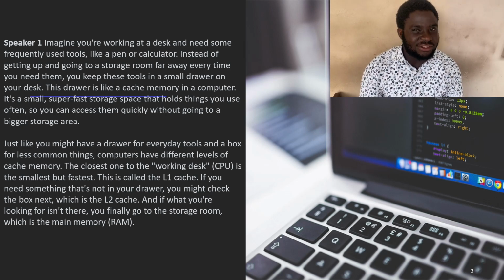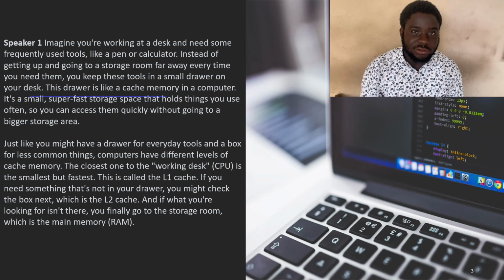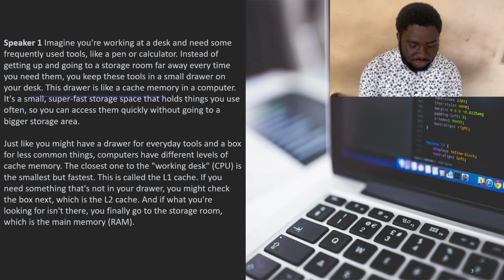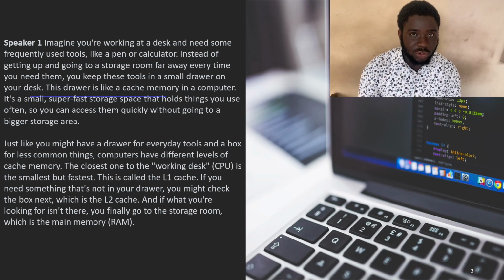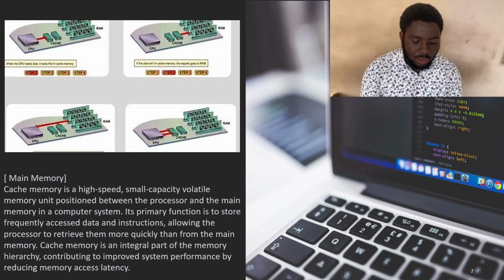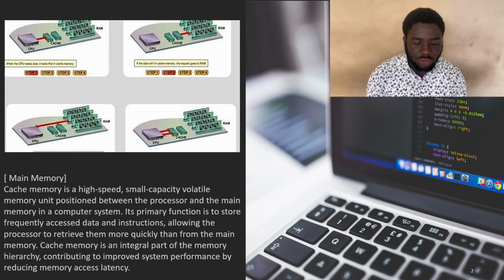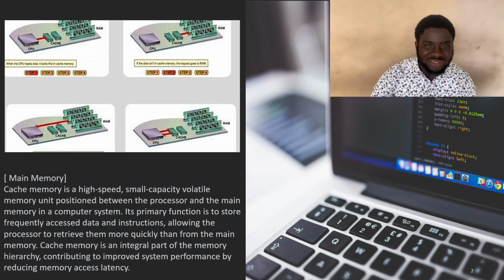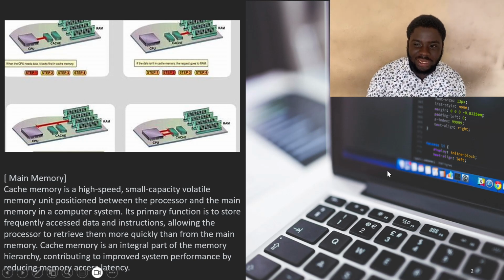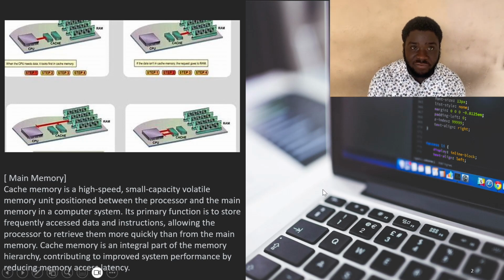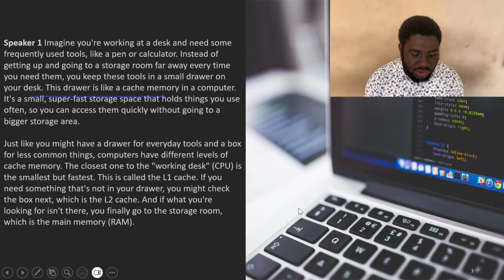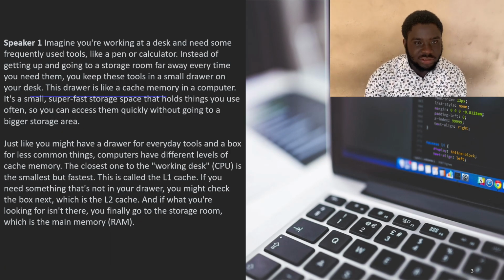It is small, fast, super fast storage that keeps the things you need very often, so you can access them quickly instead of going to the big storage area and wasting time. It helps in accessing data very fast, reduces latency, and keeps our memory running at speed.